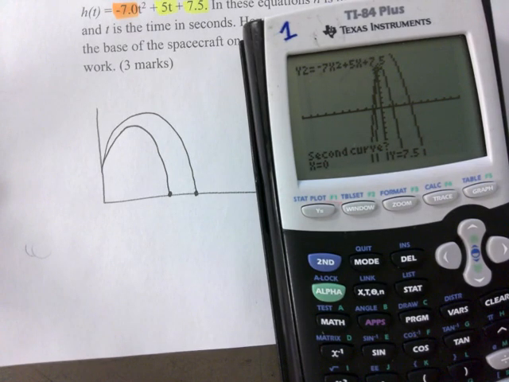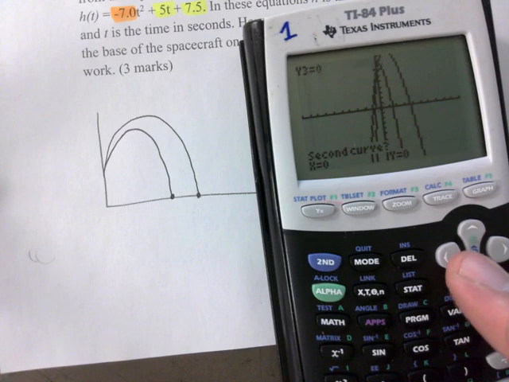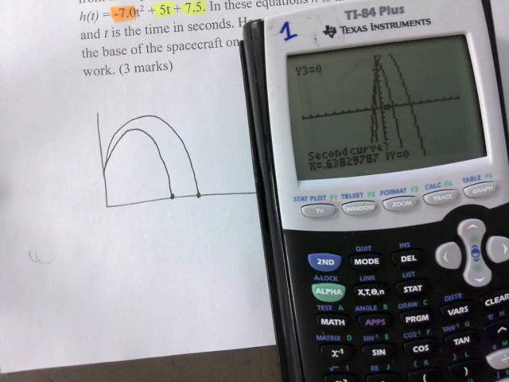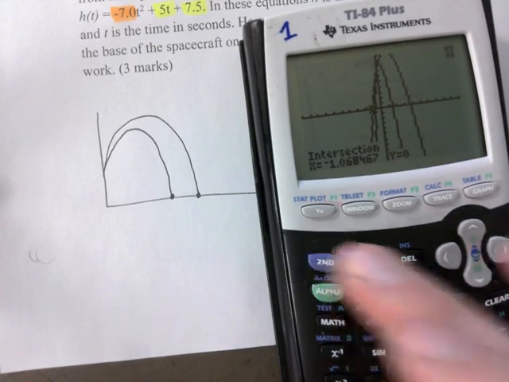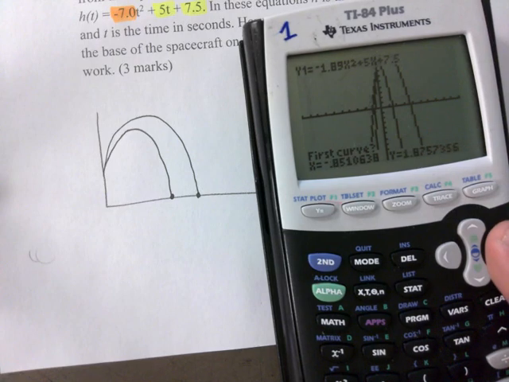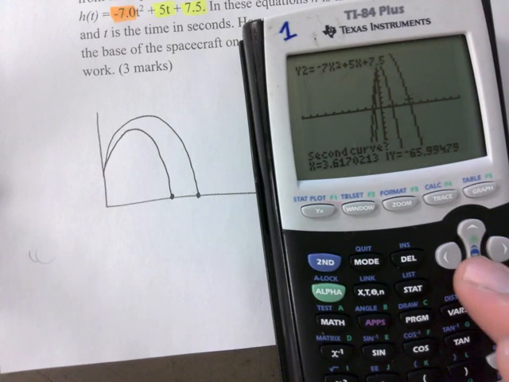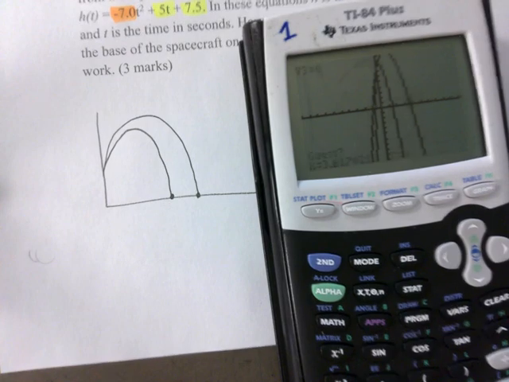Enter. Second curve is currently the other one, so I'm going to jump to the one I want, right? Enter, enter. Sorry, something went wrong there. Let's try that again. I need to go over the curve. That's where I want, like I want to find that one. So enter, jump, enter, enter.